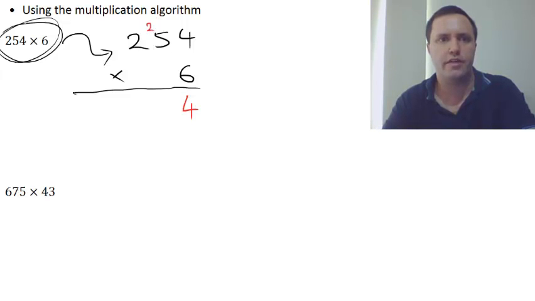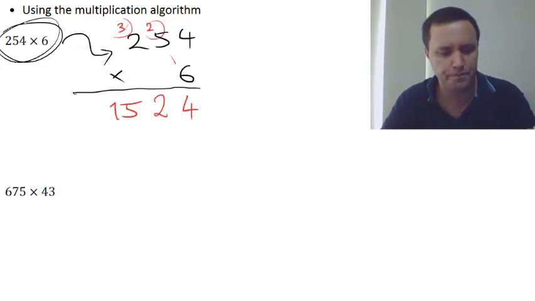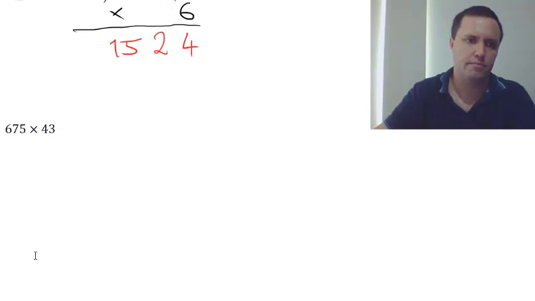Put the 4 there, carry the 2 up here. Now remember, that's an adding to, it doesn't change this to a 7. So just be a little careful with that. So 6 times 5 is 30, plus the 2 up here, so that's 32. 6 times 2 is 12, plus this 3 up here makes it 15. Okay, 1,524.